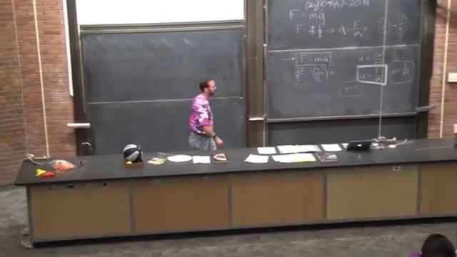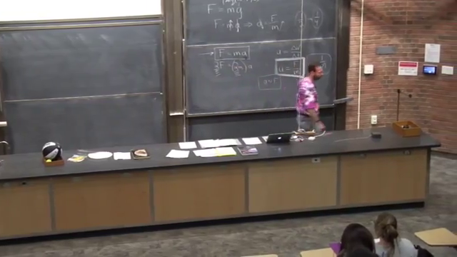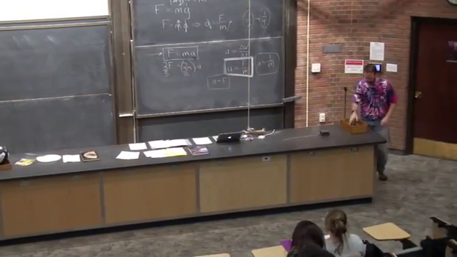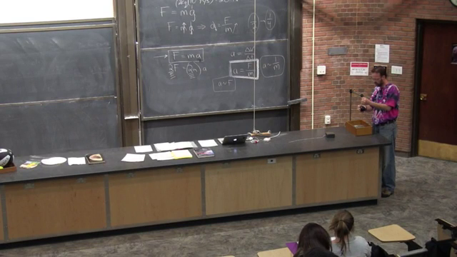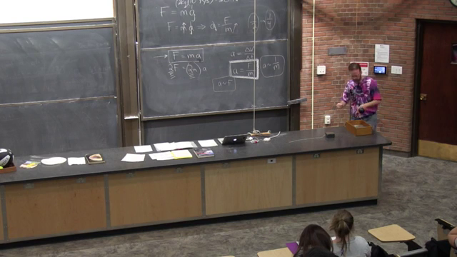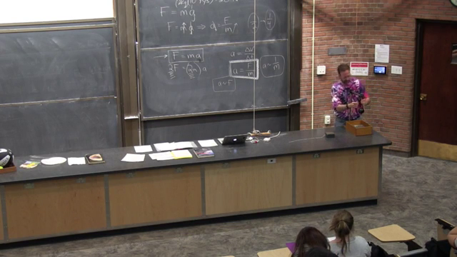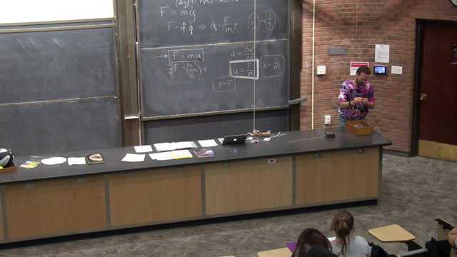I want to show this demonstration. So I'm going to hang this lead ball from a little string here. And I'm going to tie, this is a safety string. So if this breaks, it doesn't hit my finger.